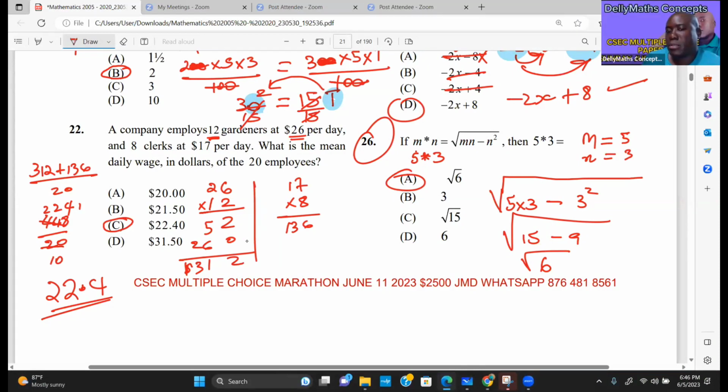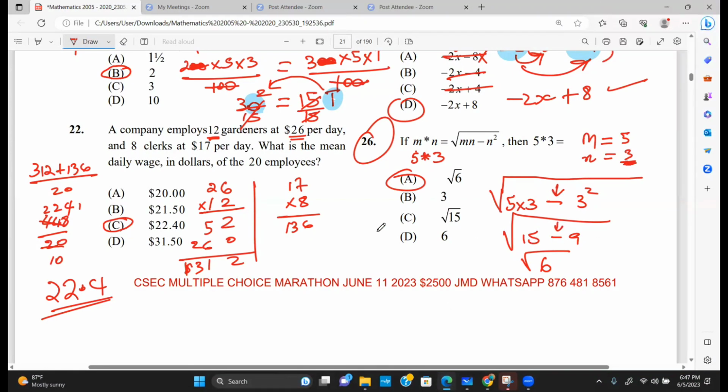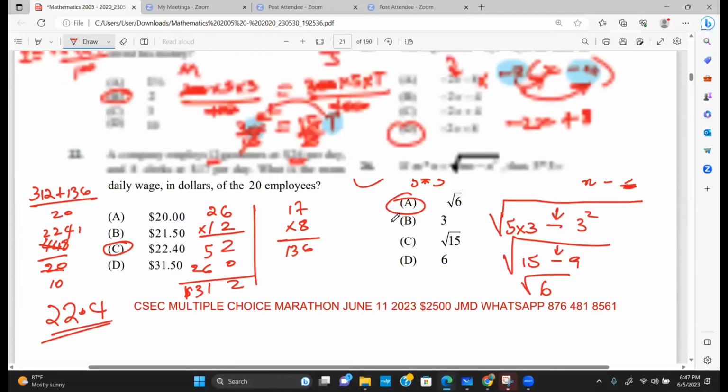There's no negative 3 in the maths. You're squaring n, but after you square n, they have a subtraction here for you. Okay. Thanks, sir.